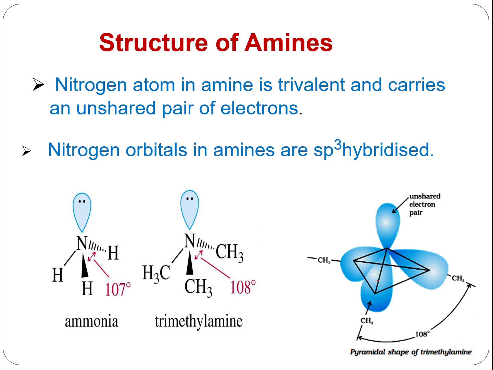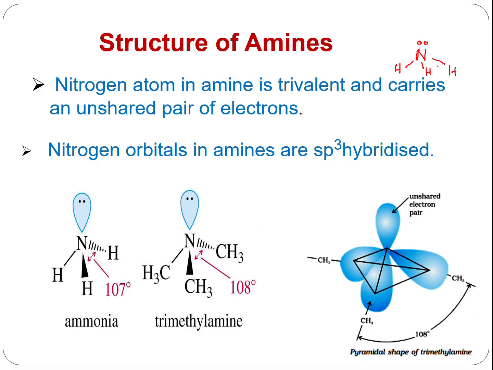Now what is the structure of amine? Just like the ammonia structure which you have studied in 11th class, if you remember, the structure of ammonia is explained based on VSEPR theory. On nitrogen there is a lone pair of electrons after it is bonded to the three hydrogens.